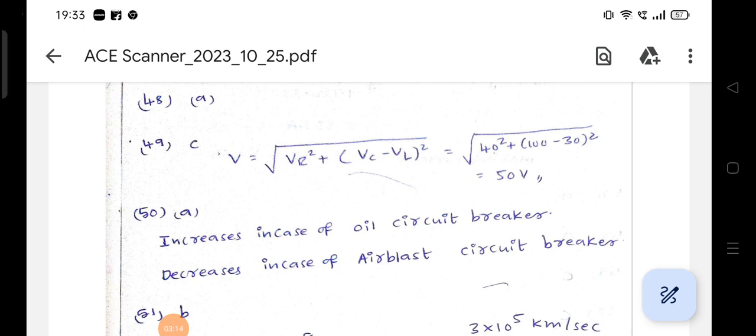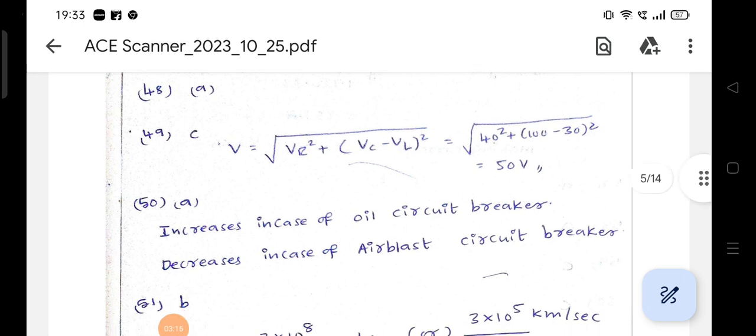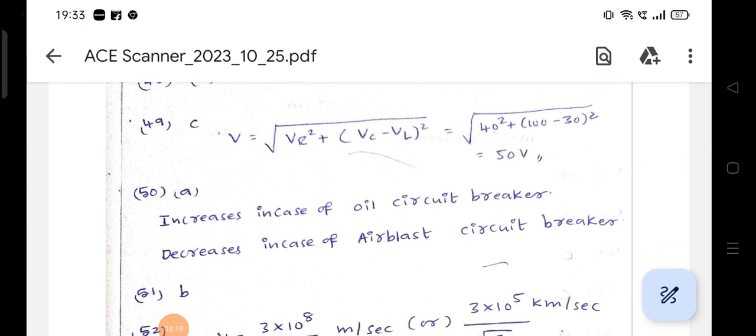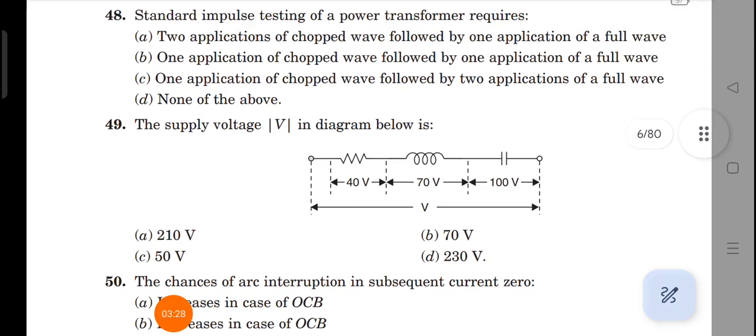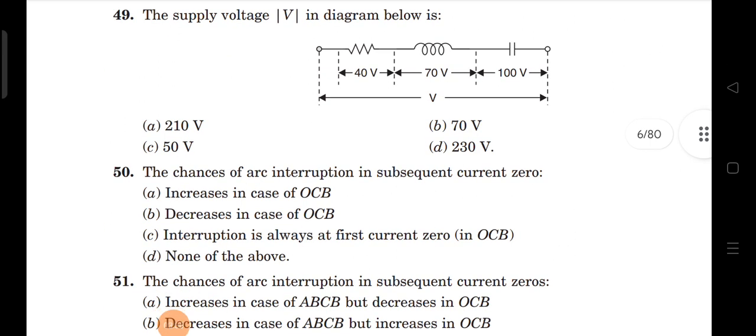Next, 70 square is nothing but 4900, right? If you simplify that equation, you will get 50 volts as the answer. Okay, then 50 volts is nothing but which option? Third option is correct.